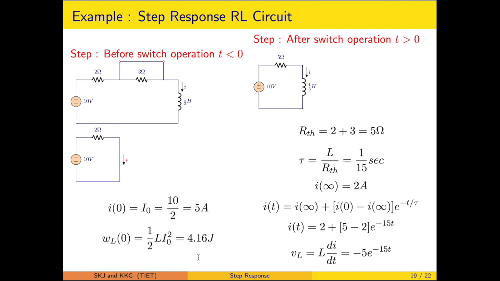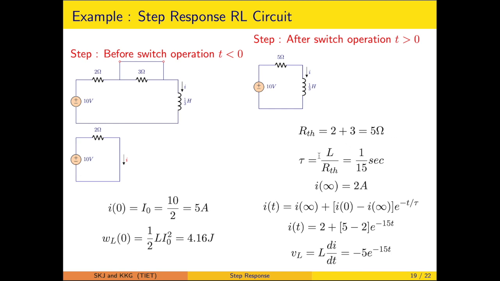Initial energy you are able to calculate by half L i square. Now the switch is operated, or you can say opened, at time t equal to 0. Because of this opening, the 3 ohm resistance comes out in series with the 2 ohm resistance, so the effective RTH will be 5 ohm.